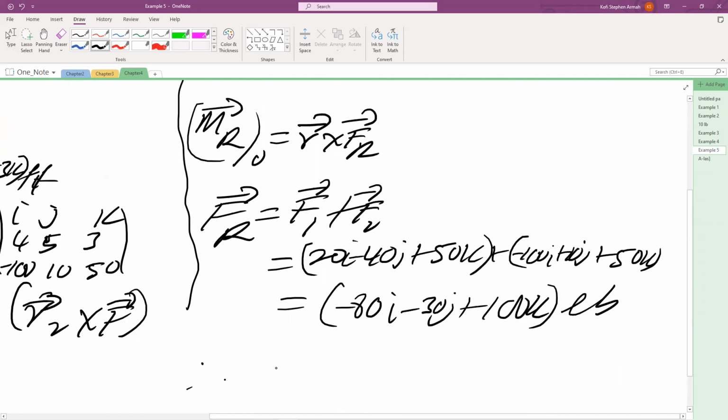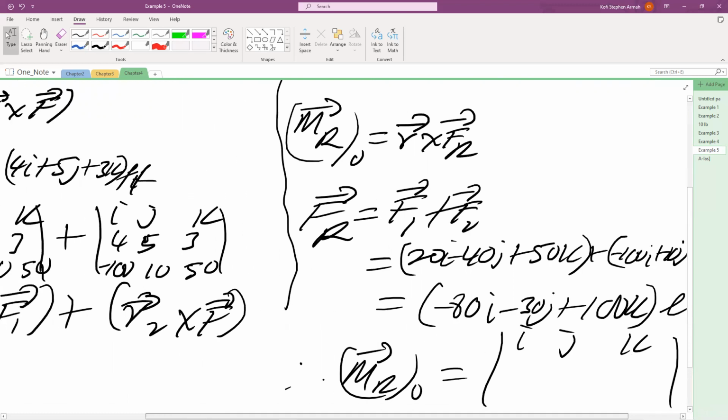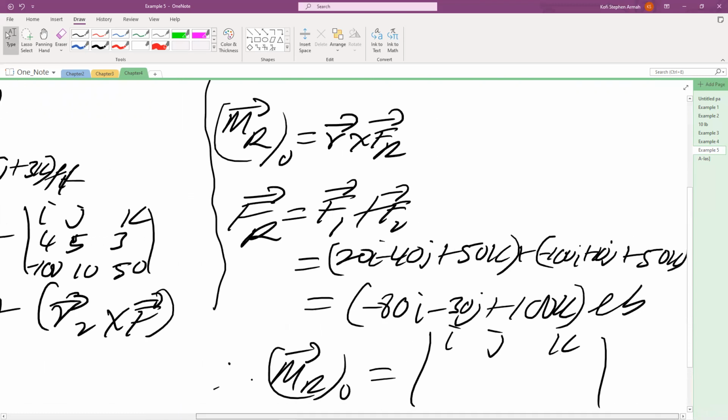Therefore, your resultant moment about O is equal to your i, j, k and your R. The R, we've done it already. Your R, I think we got 4, 5, 3. So you put your 4 here, 5, and then 3.